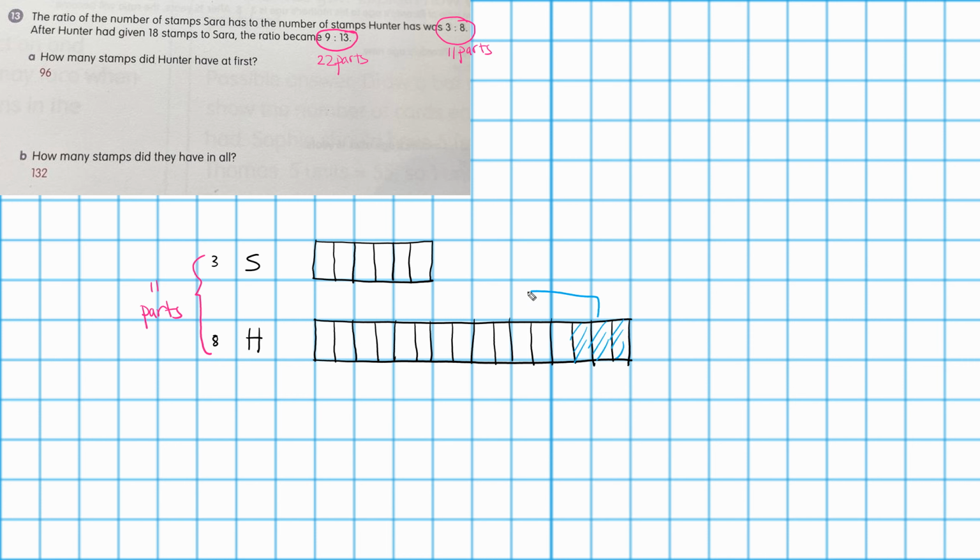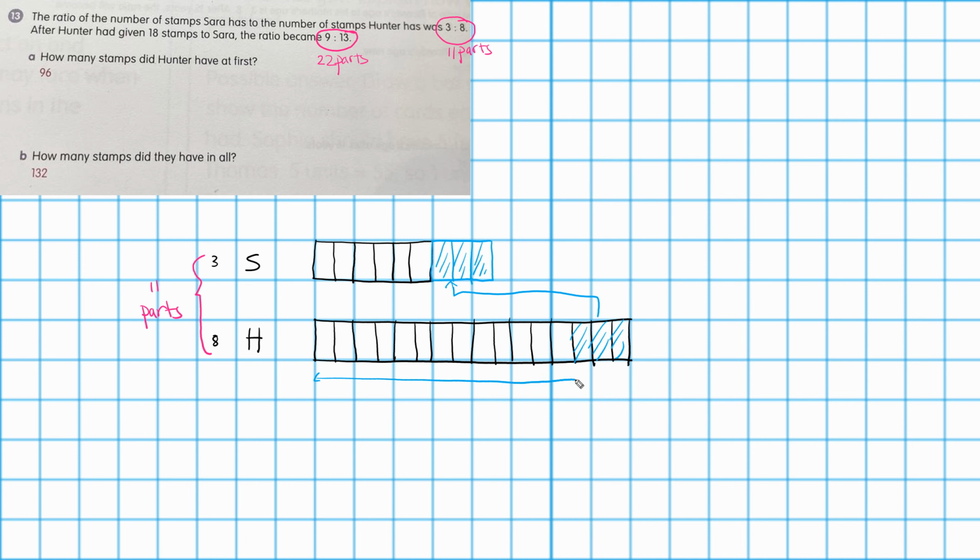Okay, so that means 3 of these parts are moving to be given to Sarah. So that's 1, 2, and 3. Those are the parts. That's what Hunter gives. Now if we look at it, this is the end.